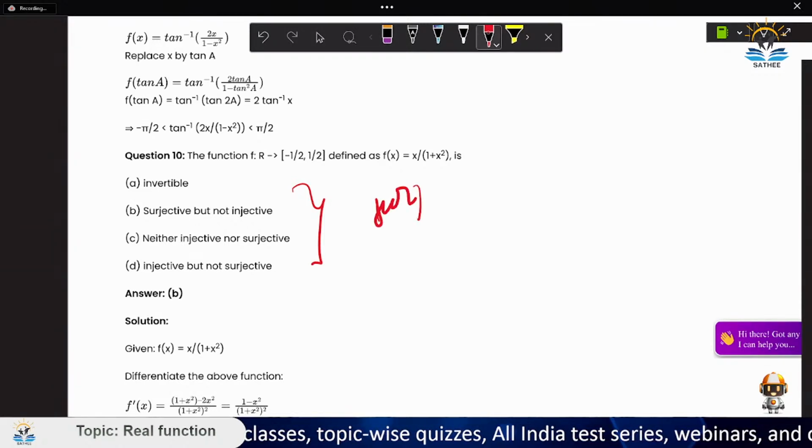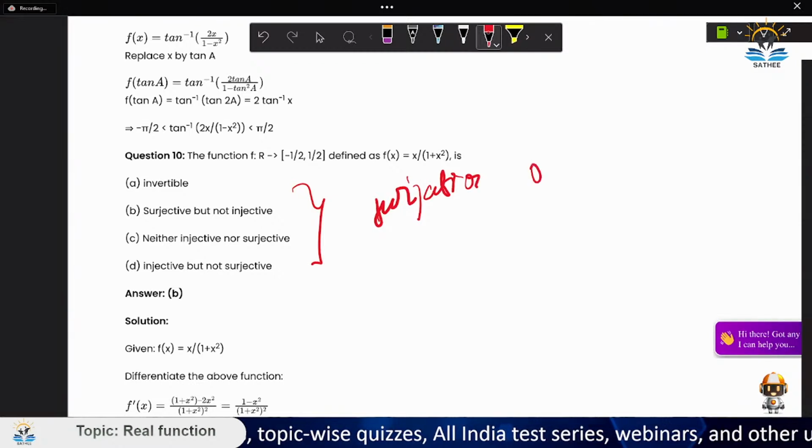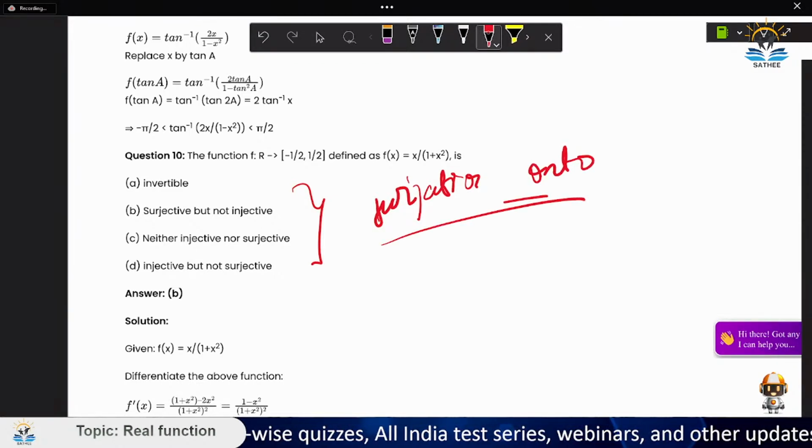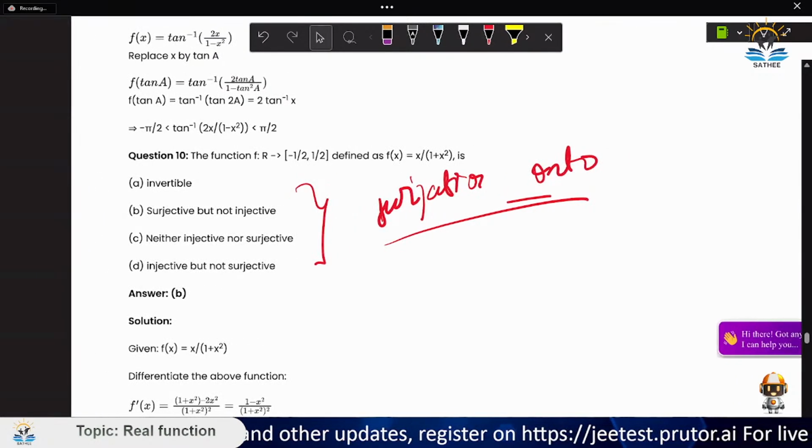Okay. So as we discussed earlier, what surjective and injective is. Surjective functions are onto functions. By onto, what we mean is that there exists at least one element x in the function's domain such that f of x is equal to y. So let's repeat it.